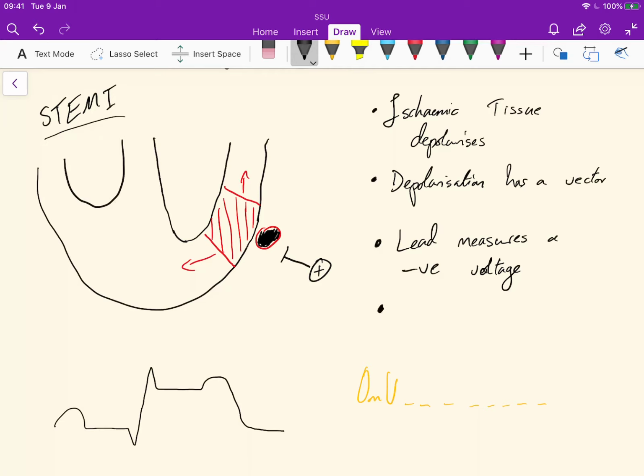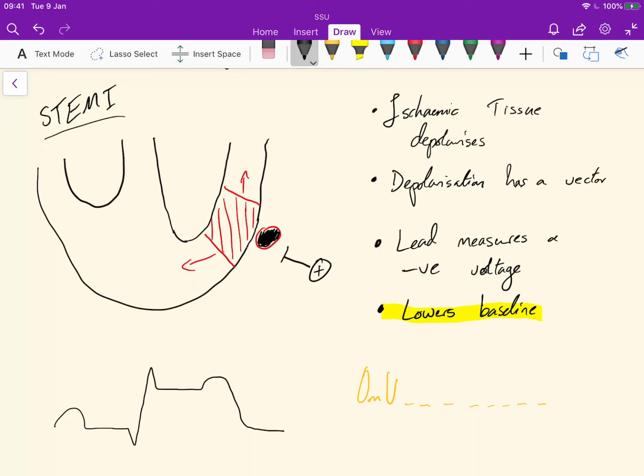Now, as a result, that lowers the baseline, because at rest it is measuring a negative voltage, voltage moving away from the lead.